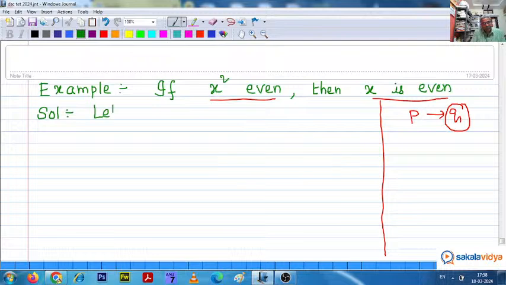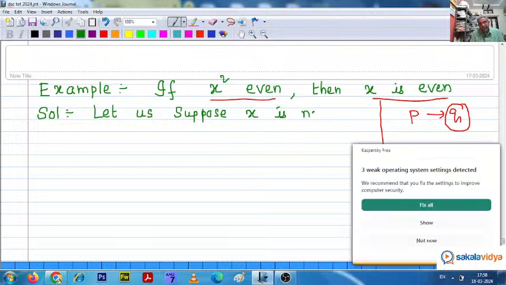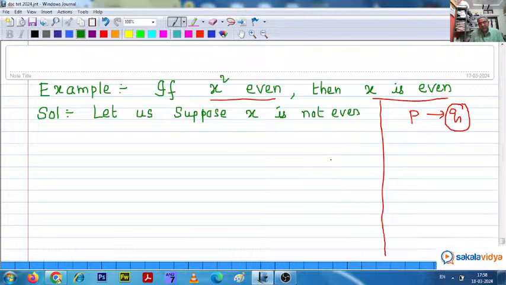Now the solution will be like this. Let us suppose x is not even, this is the negation of the statement, using negation of the conclusion.